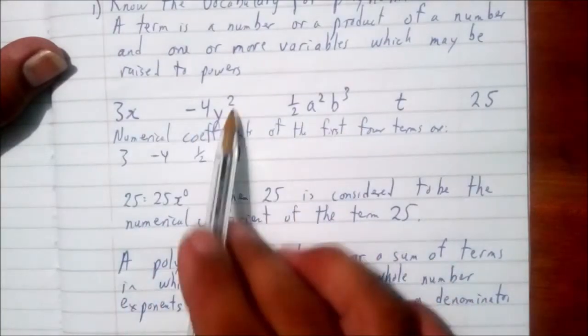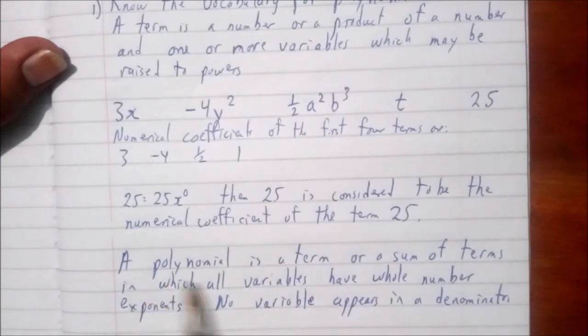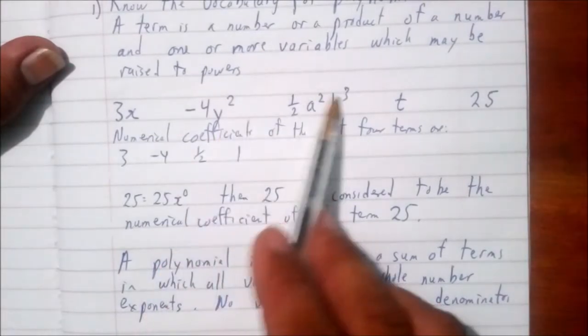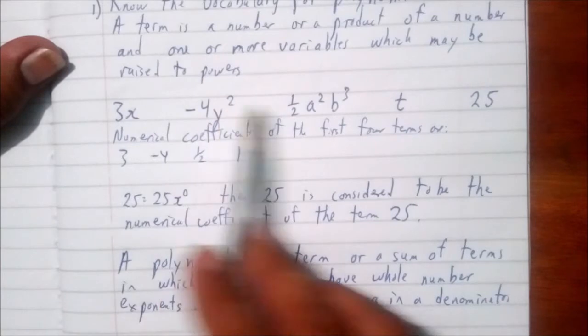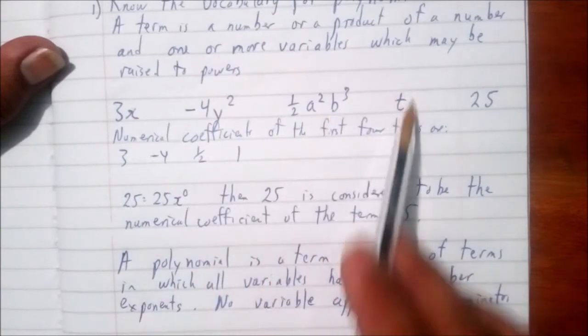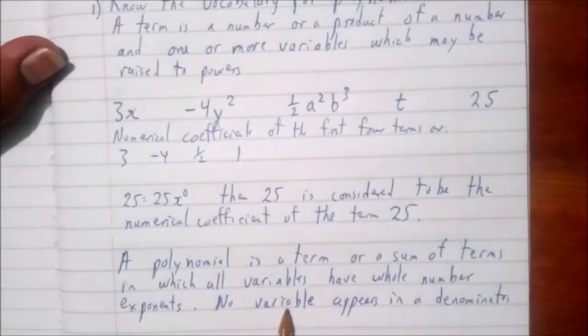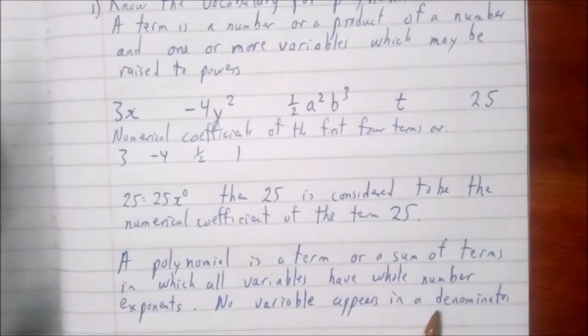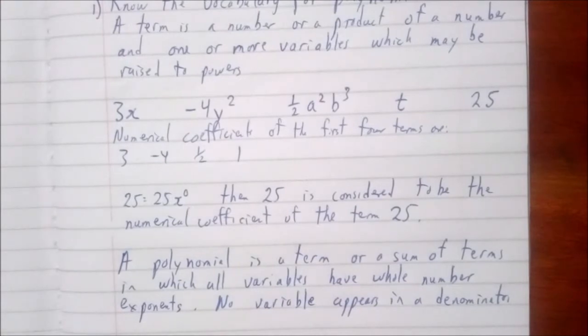So a polynomial is a term or a sum of terms in which all variables have whole number exponents. Notice them: power of 1, 2, 2, 3, and this is a 1. No variable appears in a denominator.